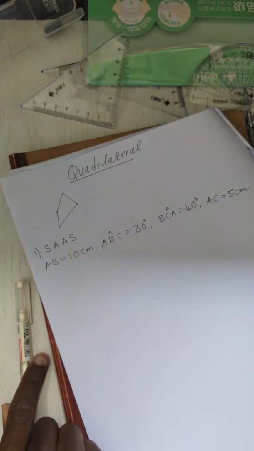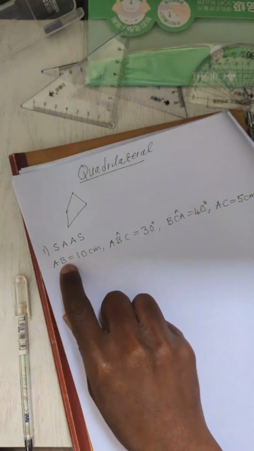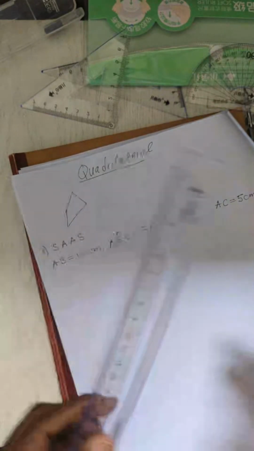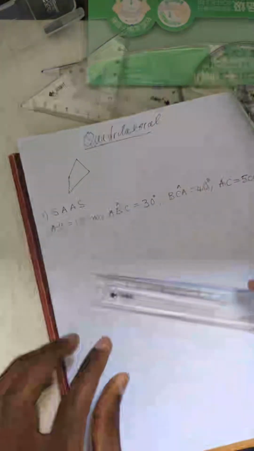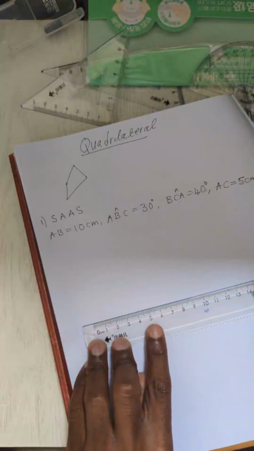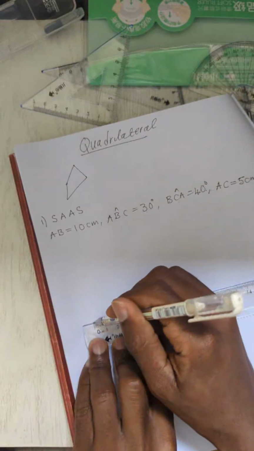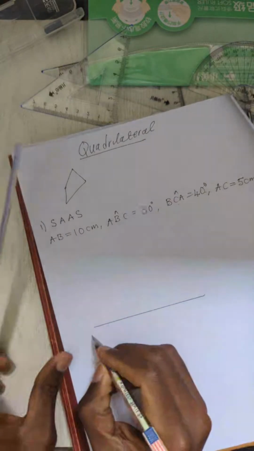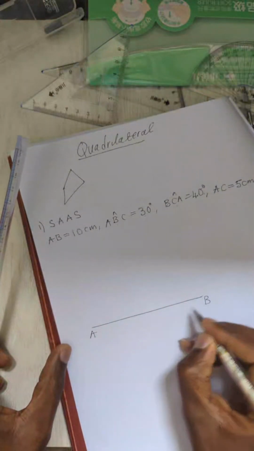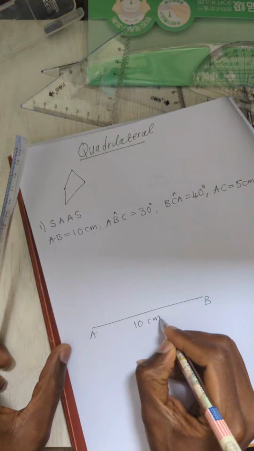So let's see what we can do. AB is 10 centimeters, so we get our ruler. 10 centimeters from 0 to 10. Okay, so our AB is 10 centimeters.